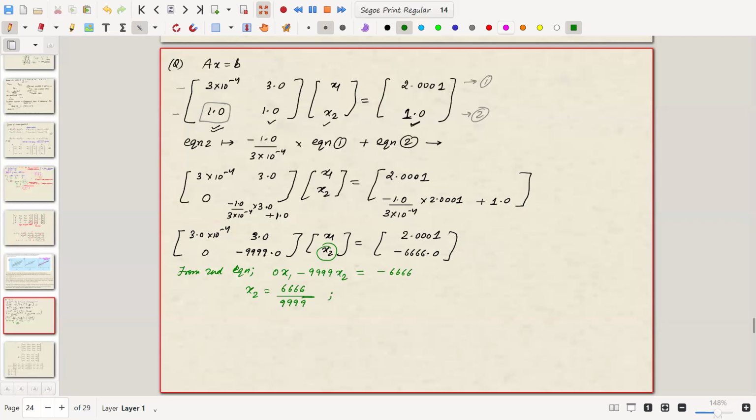Now what is x1? You did forward elimination, so you are going all forward. You never went backwards. After you got x2, now you go into the first equation, substitute x2, and use backward substitution to get x1.